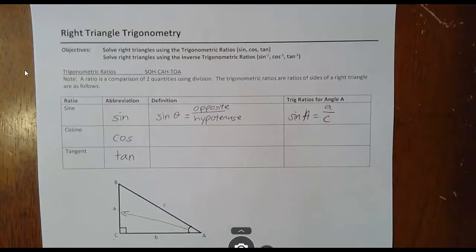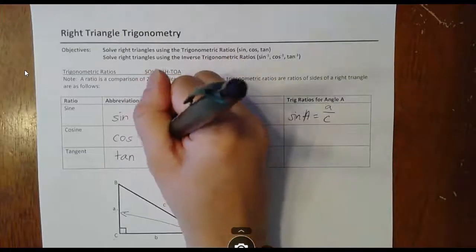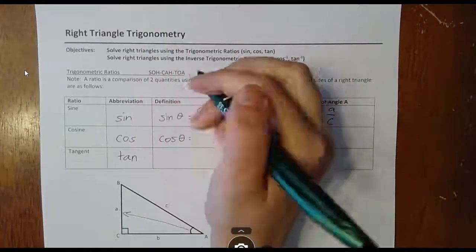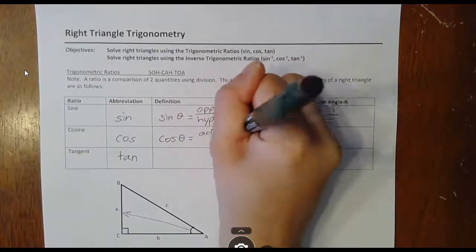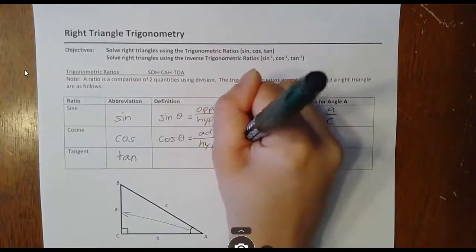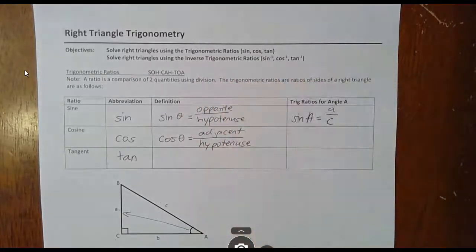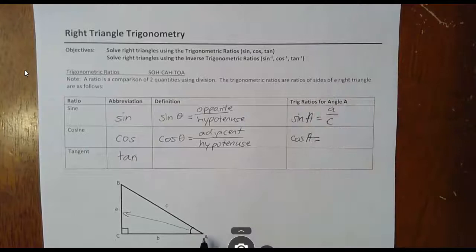Next up, cosine. Sine is opposite over hypotenuse. Cosine of any angle is adjacent over hypotenuse, the ratio of the adjacent side to the hypotenuse in a right triangle. In our little triangle, the cosine of angle A would equal its adjacent side.